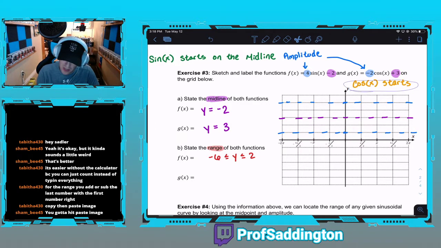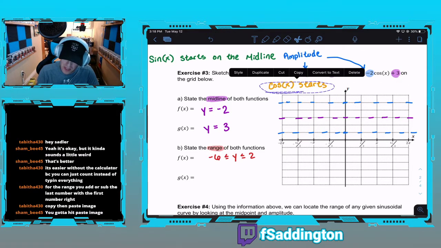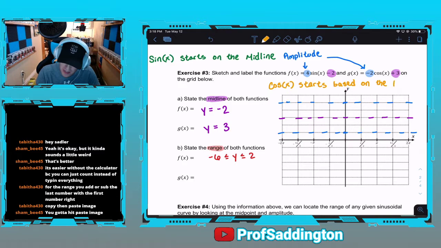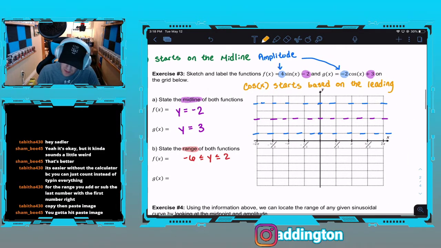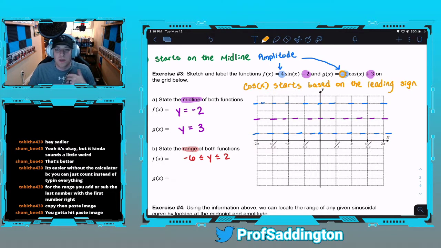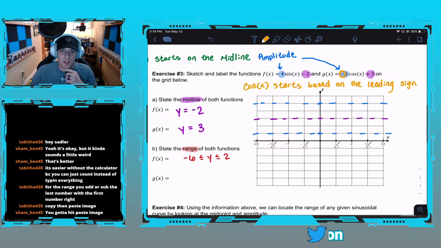I don't know why I started writing there because I'm never going to fit everything in. So it's going to be the leading sign. The leading sign in this case is a negative.